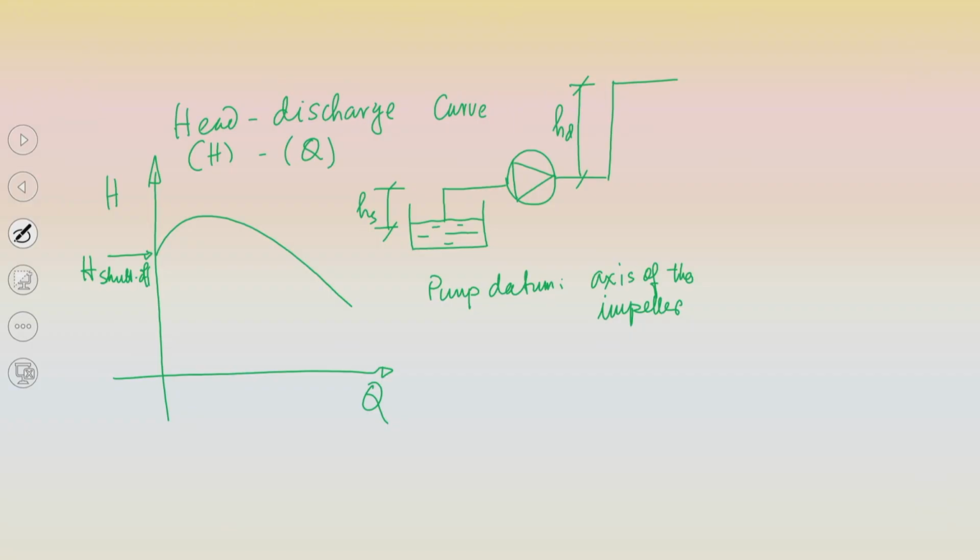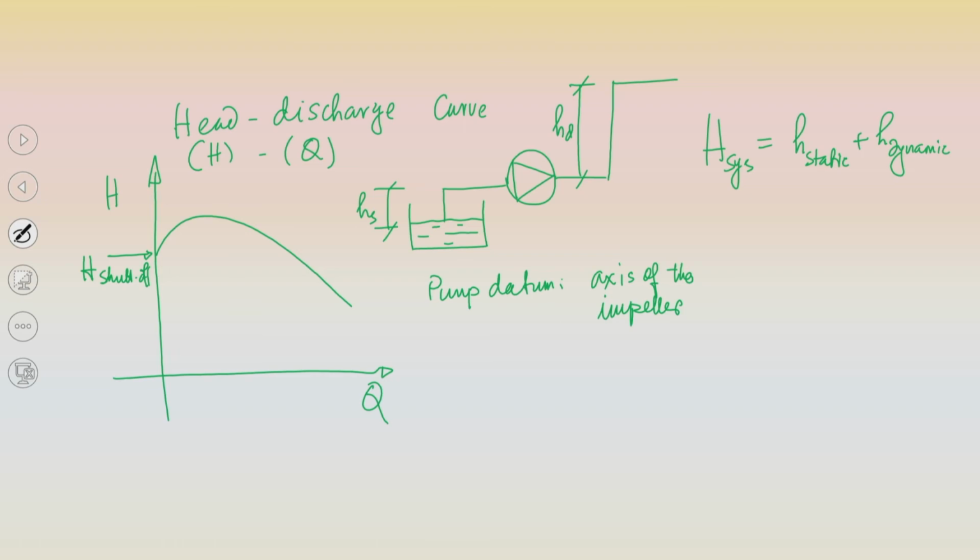Okay. So, now if we try to draw the system resistance curve, we have identified that the total resistance of the system has two different parts: one is H static, another is H dynamic. H static is nothing but the suction side height and the delivery side height of the tank from the pump datum.